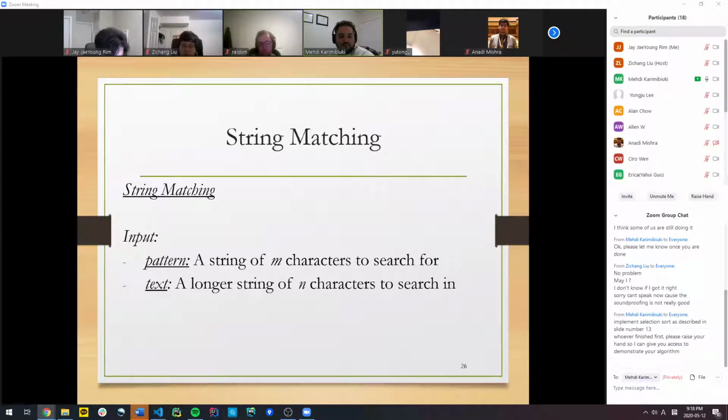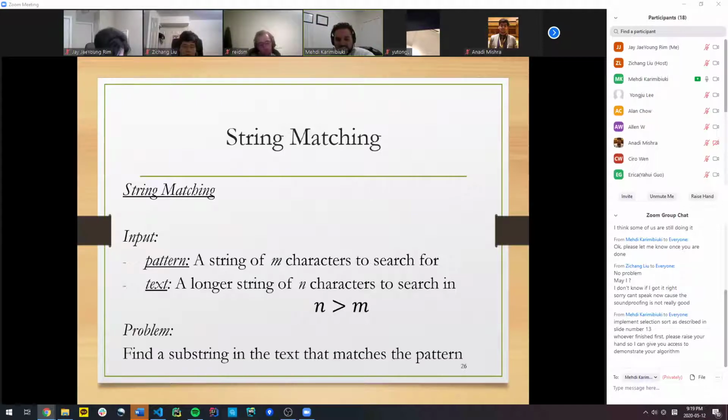The pattern is a string of m characters to search for, and the text is a longer string of n characters. So obviously n is bigger than m here because n is our main text and m is the pattern that we're looking for. So the problem is to find a substring in the text that matches the pattern.